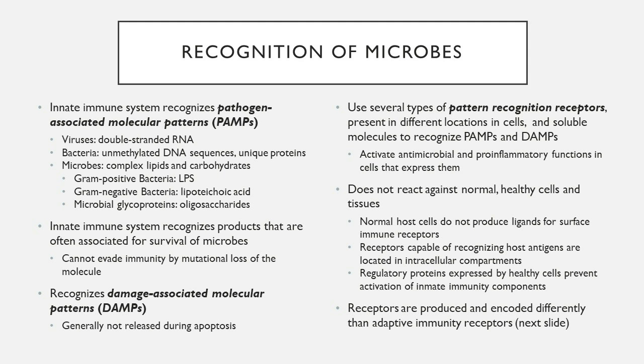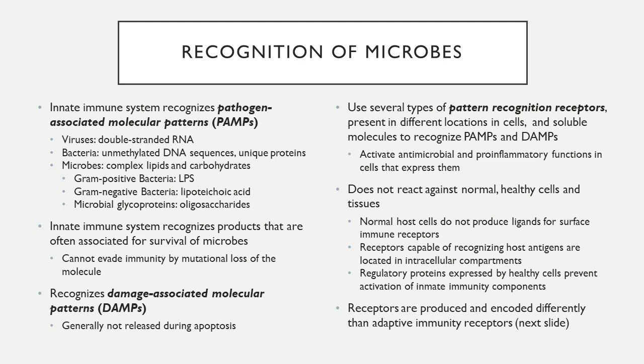The second class of molecules that the innate immune system responds to are called damage-associated molecular patterns. So we start off with PAMPs, now we have DAMPs. Now these could be the result of cell damage through infections by pathogens, or they could also indicate sterile injury to cells from trauma, burns, chemical toxins, a number of reasons.